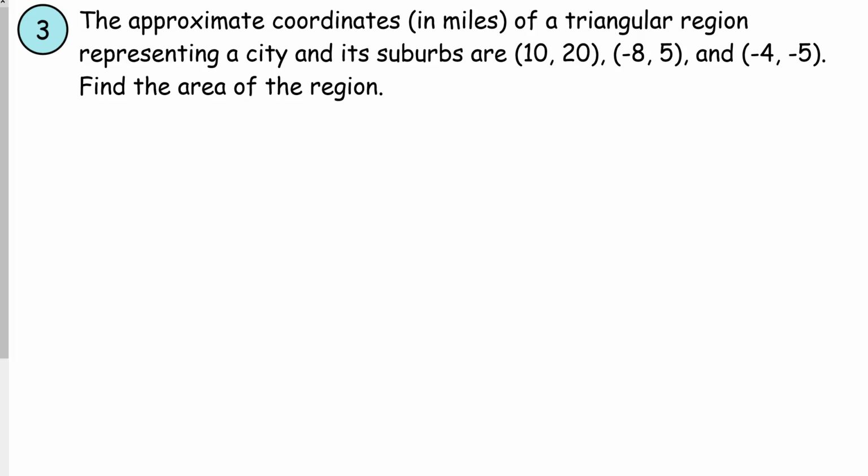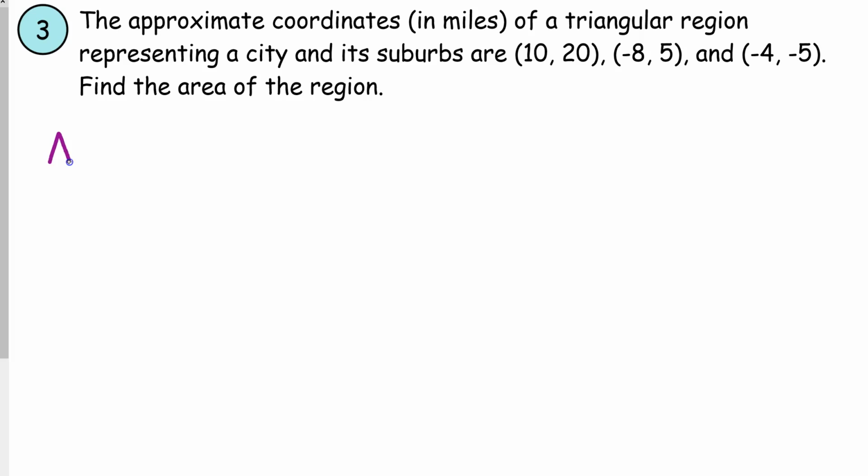So let's apply that to this problem. The approximate coordinates in miles of a triangular region representing a city and its suburbs are 10, 20, -8, 5, and -4, -5. Find the area of the region. All right, so let's set it up.